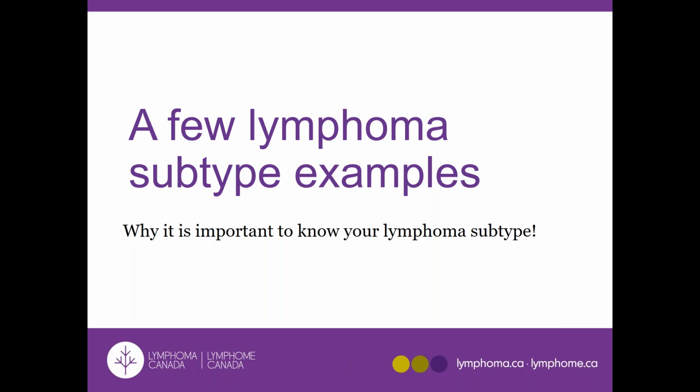We can get information from the blood. A bone marrow aspirate and biopsy, I didn't speak too much about it, may still be part of the staging process in some patients, but it's becoming less and less needed now that the PET scan can really give us a good sense of where the lymphoma is in the body.